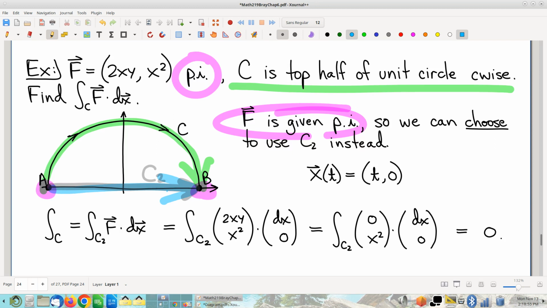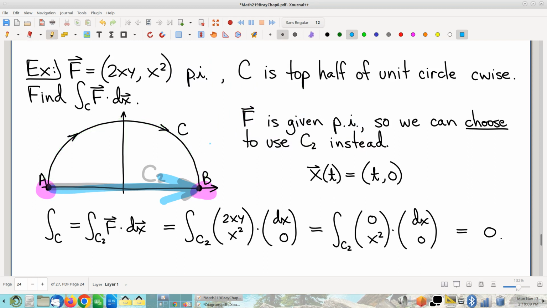What gives me the right to do that? Path independence. So if you know that your vector field is path independent, that gives you pretty tremendous rights there. And now that I have my new curve picked, I'm going to just totally erase that green curve. I don't care about it anymore. I don't need it at all.